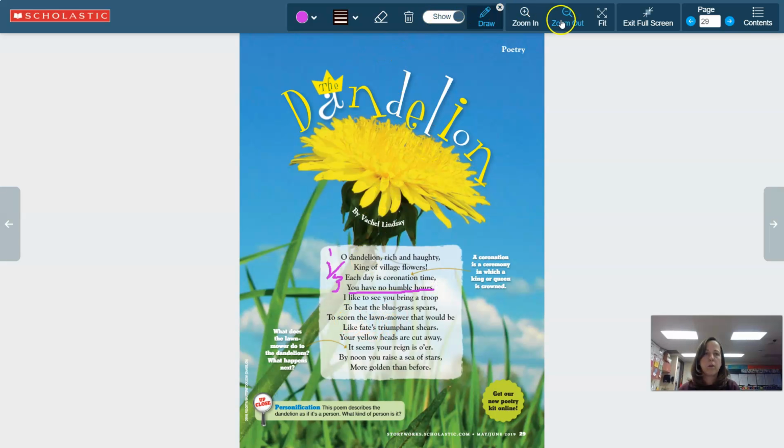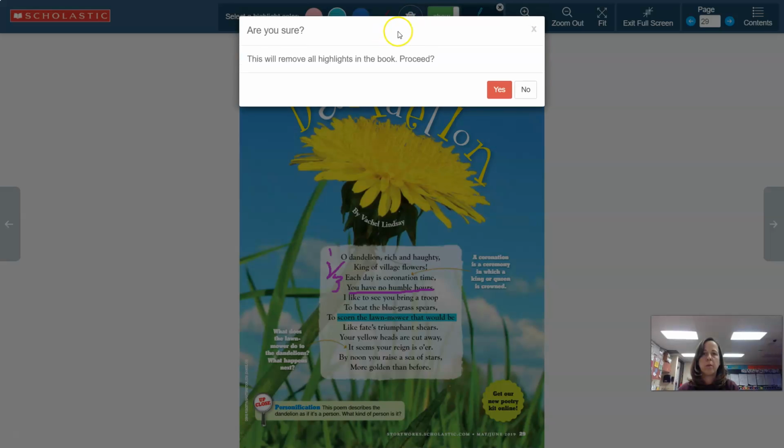I could also go into the highlight mode, and you can use different colors up here. Choose your colors and you can highlight, if you like. And if you don't want that, or if you want to get rid of it, you can just go to the garbage can and that will remove it, and then you can proceed.